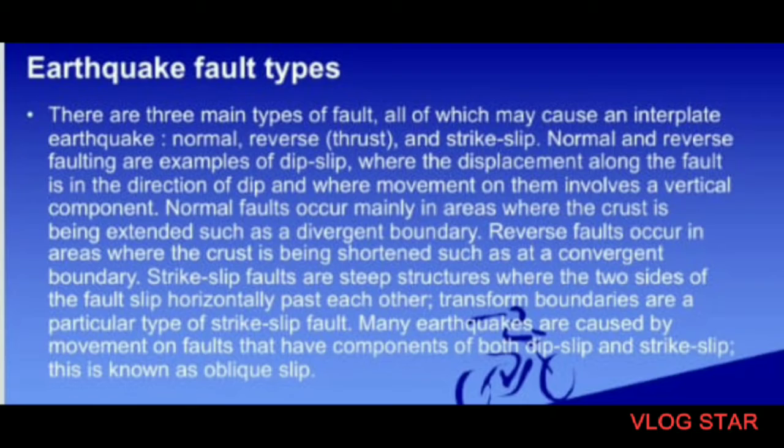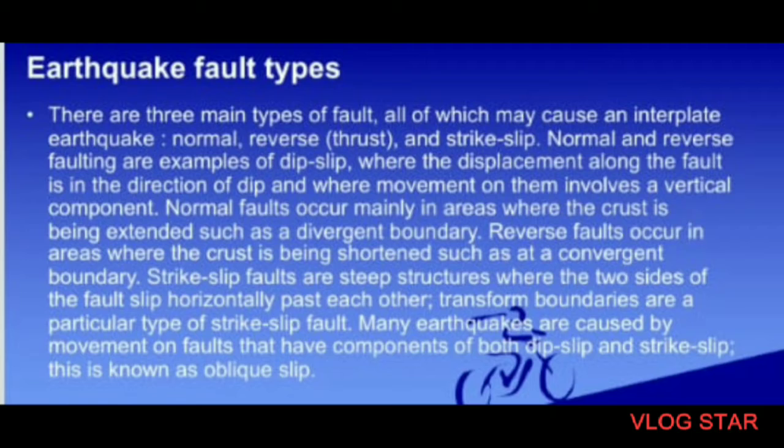Normal faults occur mainly in areas where the crust is being extended, such as a divergent boundary. Reverse faults occur in areas where the crust is being shortened, such as at a convergent boundary.